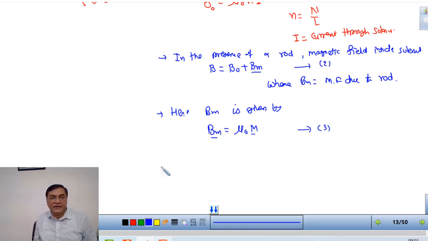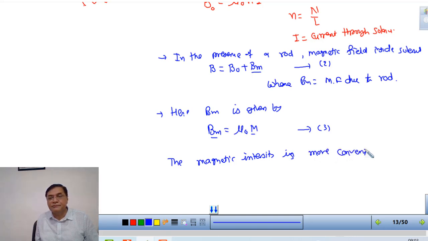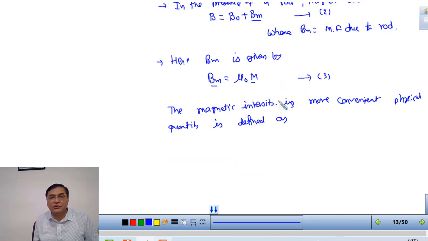So one more convenient physical quantity, the magnetic intensity, is defined as H. H is equal to B upon μ0 minus M. This is the definition of magnetic intensity.